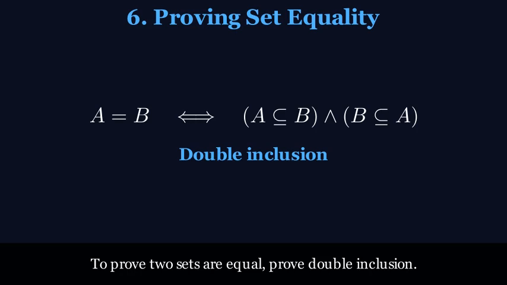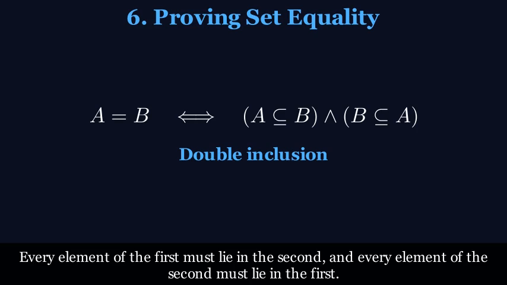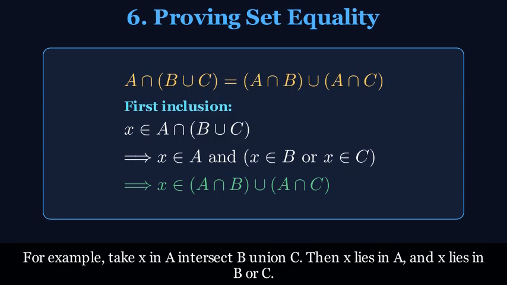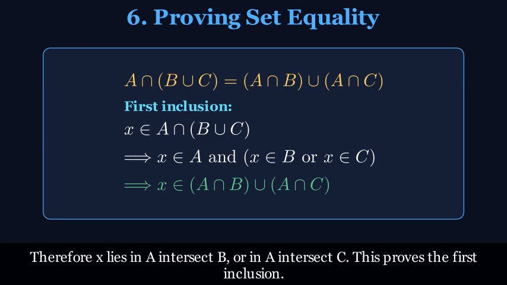To prove two sets are equal, prove double inclusion. Every element of the first must lie in the second, and every element of the second must lie in the first. For example, take x in A intersect (B union C). Then x lies in A, and x lies in B or C. Therefore x lies in A intersect B, or in A intersect C. This proves the first inclusion.